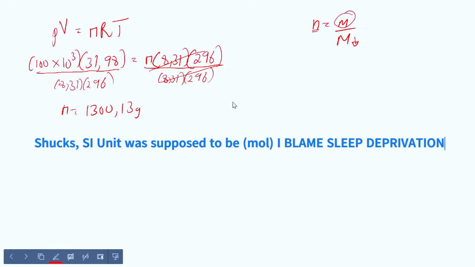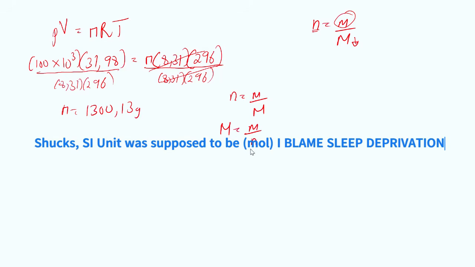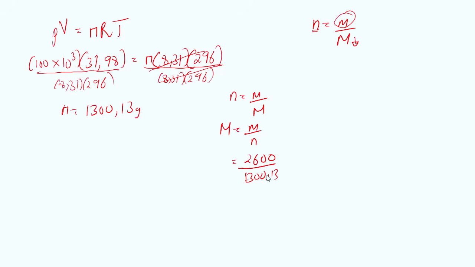So this will be n is equals to m over big M. So we have our number of moles. And then to calculate the molar mass, we can say m over n here. So this will give us 2,600 divided by 1,003.13. So let's check.